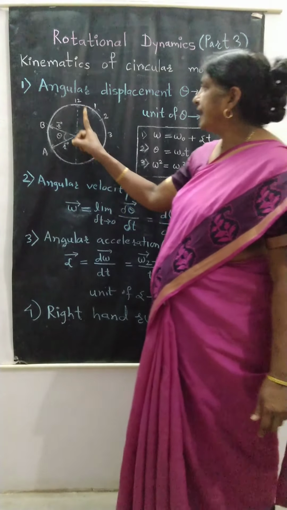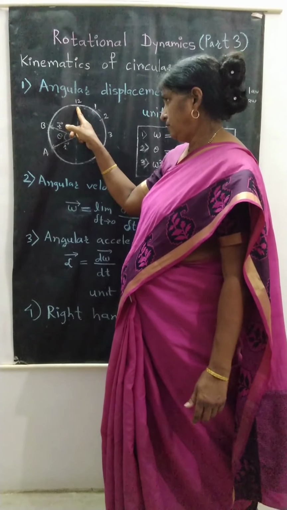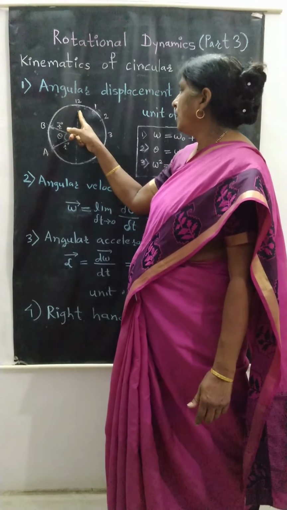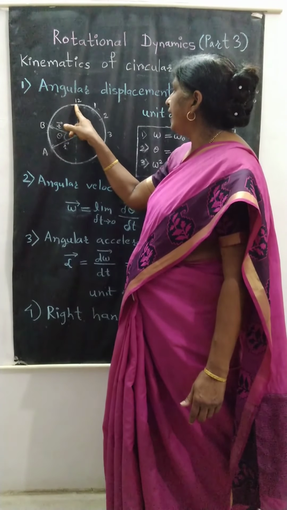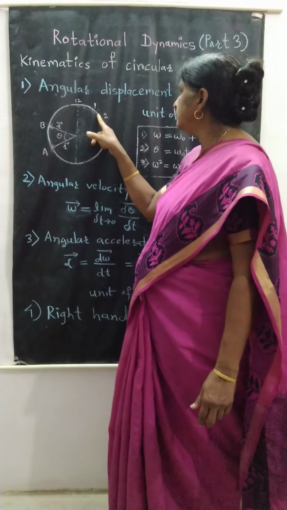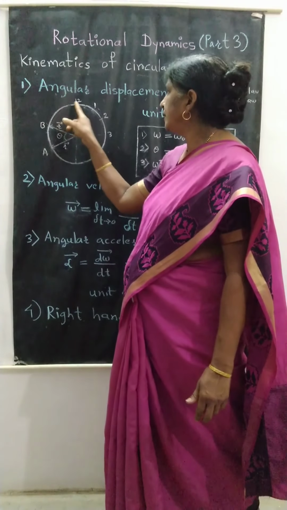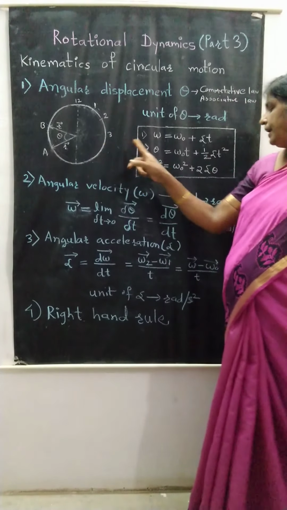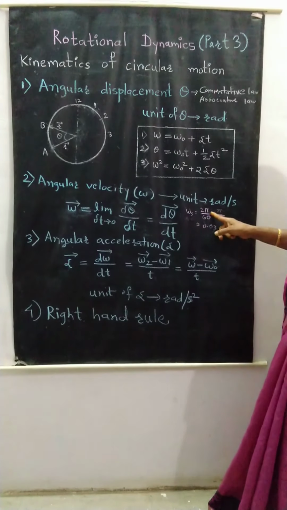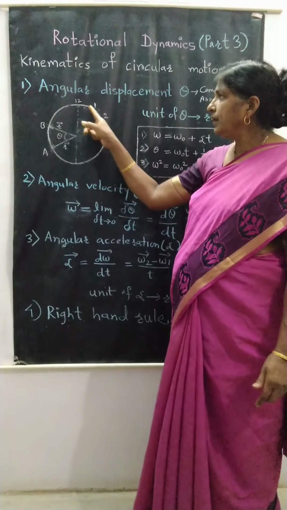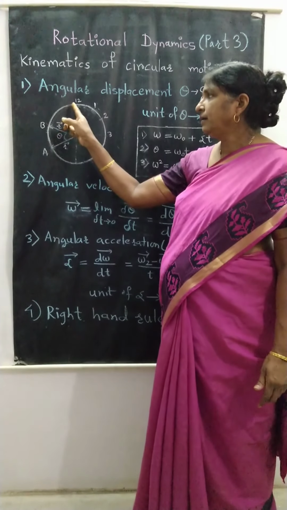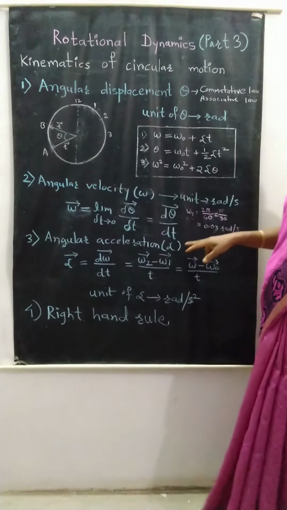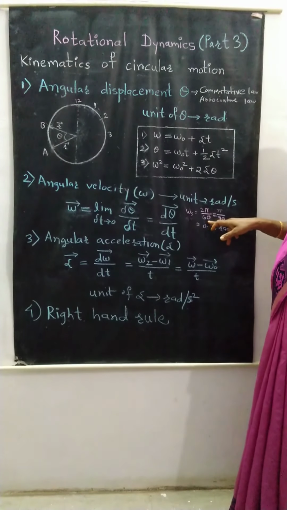Consider the second hand of the clock. When the second hand performs one complete rotation, the angle traced by it is 2 pi radians. For one revolution of the second hand, the time required is 60 seconds.